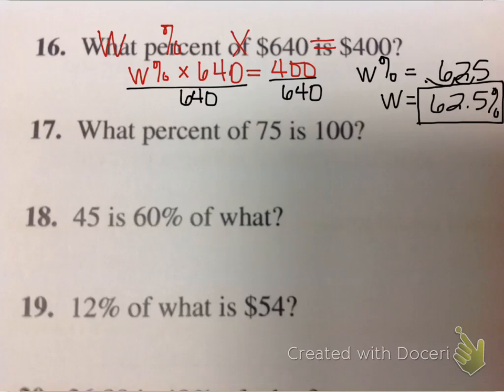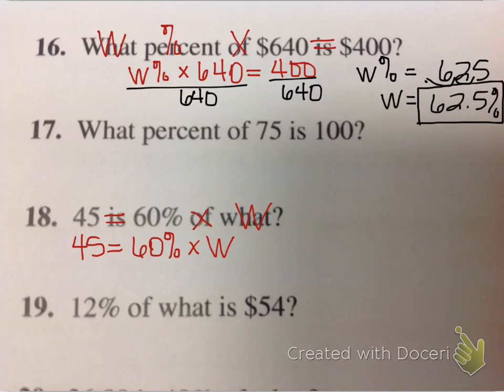Let's skip down and do one of these others down here. 45 is 60% of what? So again, if we translate, is equals, of means times, W. So my equation is 45 equals 60% times the unknown.